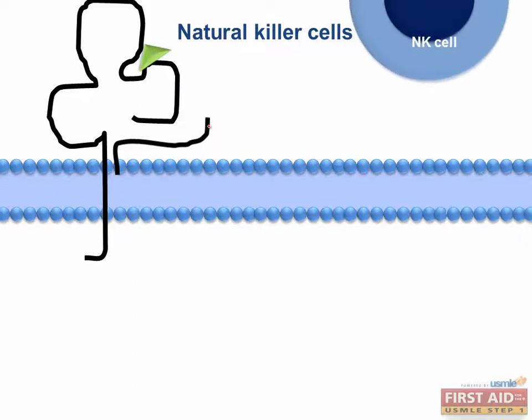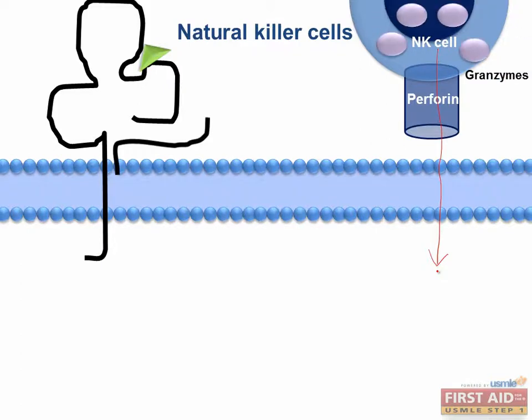So here's an NK cell, all right? It realized that this cell is infected with a virus. And it perforates a hole then through the membrane using an appropriately named protein called perforin that perforates, and then deposits what? What do you think it deposits inside? Do you know? Granzymes. Granzymes.